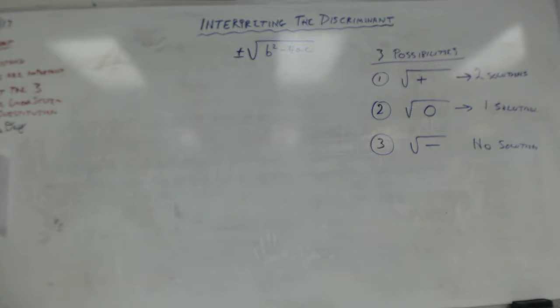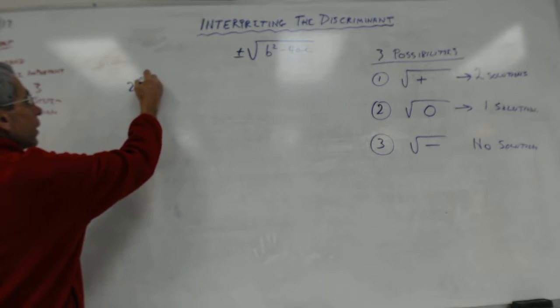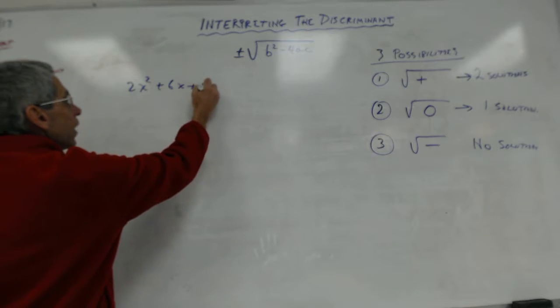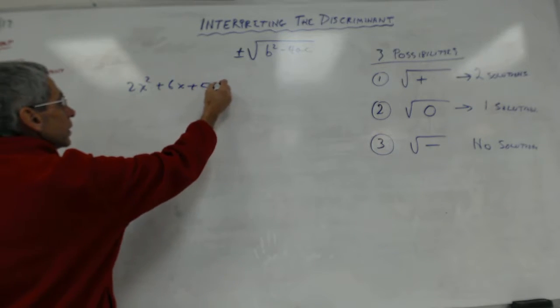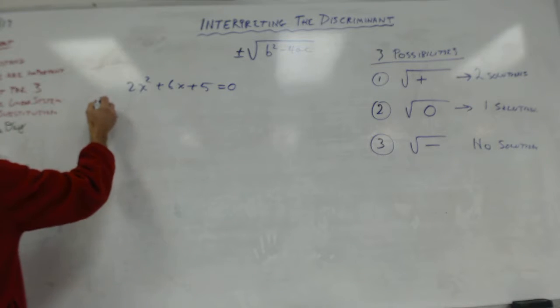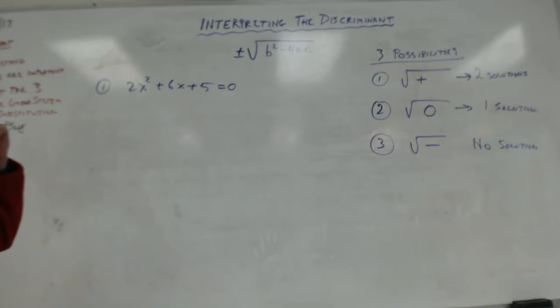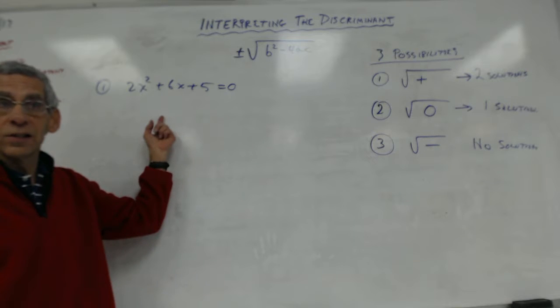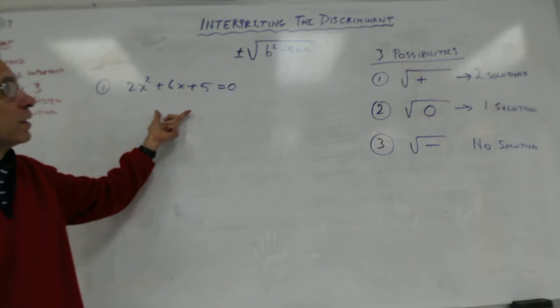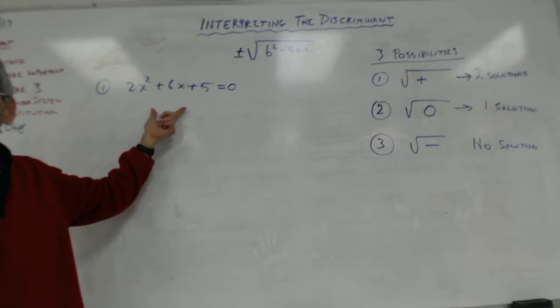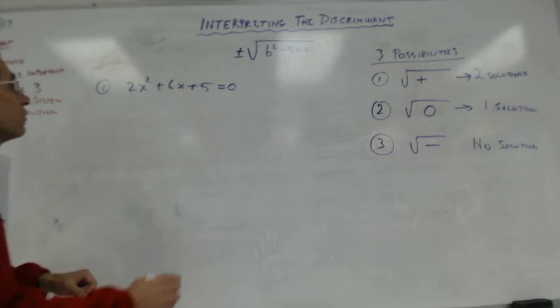So let's try a few. 2x squared plus 6x plus 5 equals 0. This is our first one. All I want to do first is the discriminant, and I'm just being asked to find how many solutions there are. This is very common.